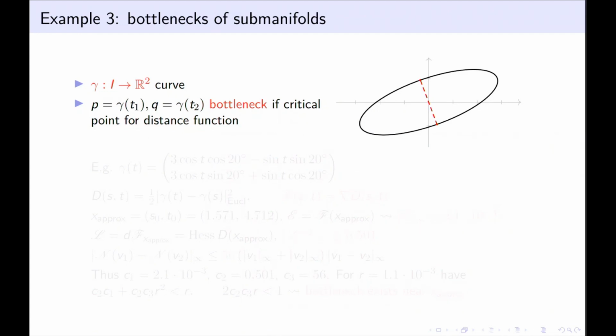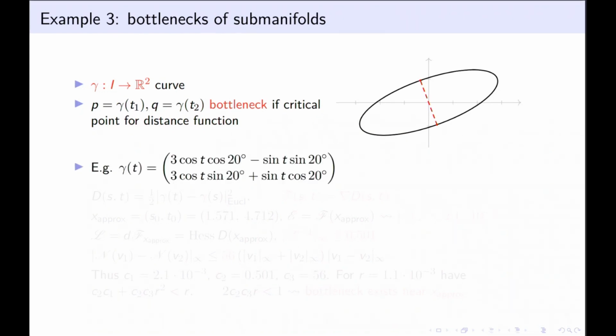Because these 2 points are actually a minimum for the distance function, a global minimum even, but we wouldn't need this. There's another bottleneck the other way around, which is a global maximum for the distance function. But also if it's a saddle point or something, we still call this a bottleneck. And so this is the equation for this ellipse that I drew here.